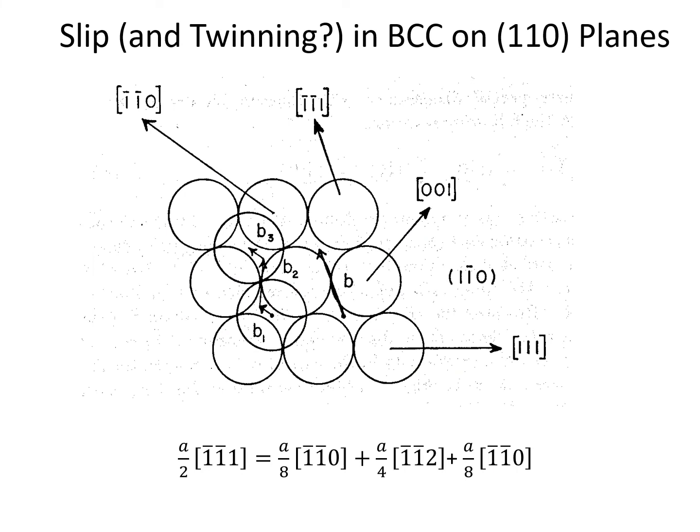So this is a better rendition of what's going on in a BCC. This is a better schematic. But basically, where the atoms sit on one layer with respect to the next, given that the close-packed plane is 1-1-0, in order to shear a layer of atoms, shown here by these two circles, relative to the bottom layer of atoms, the atoms actually start here.